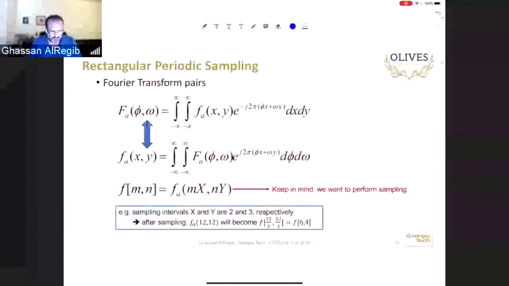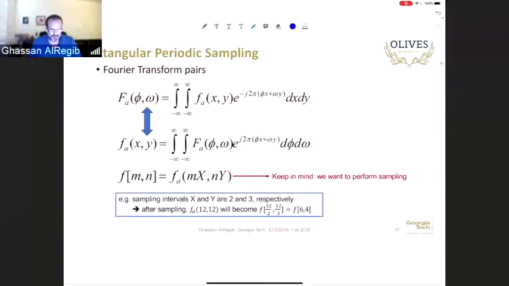Okay, so let's really dig into our signals. The first thing I would like to introduce is the definition in the analog space as we input the signal to the A to D converter. Before we go there, we have our continuous signal f sub a, or analog signal f a of x and y.